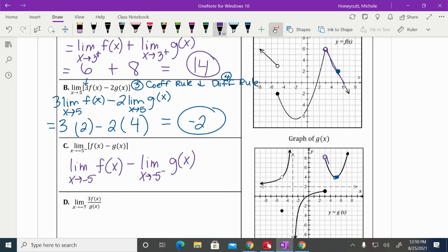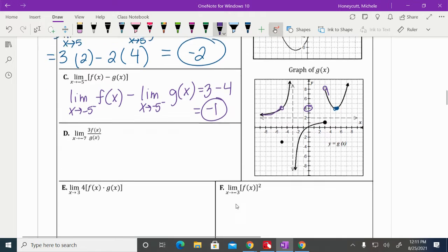For f, approach negative 5 from the left side, and I've got 3, minus, for g, negative 5 from the left side, ended up at 4, and 3 minus 4 is not negative 4. 3 minus 4 is negative 1. So far, so good? Yep.